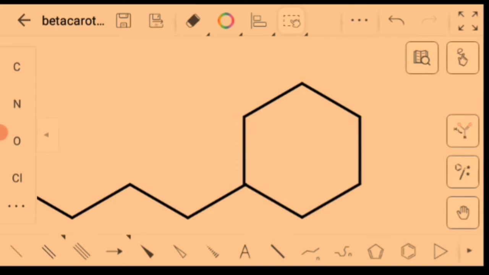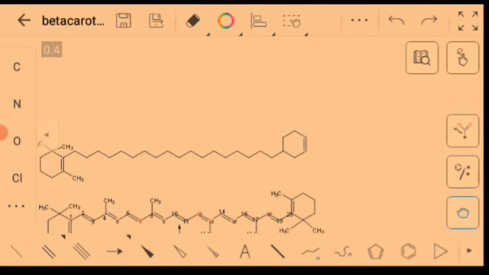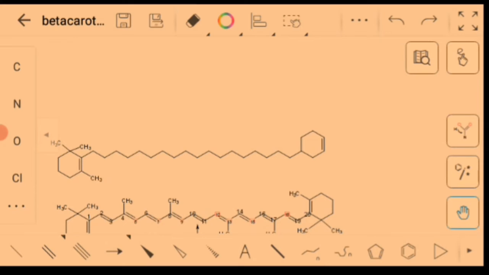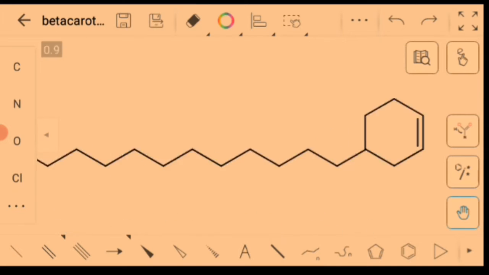So the 20th carbon, actually the 19th carbon, attaches to this carbon on the beta ion structure, therefore making it the 20th carbon. So it is actually a distorted form. It's just inverse form. So this part was turned upside down. So that is what you're just going to do.